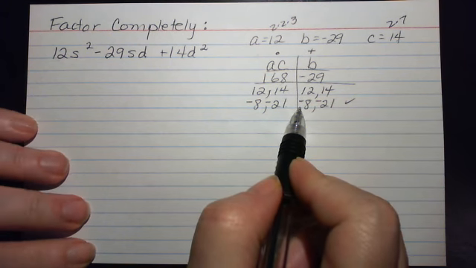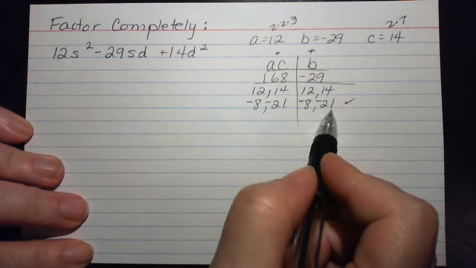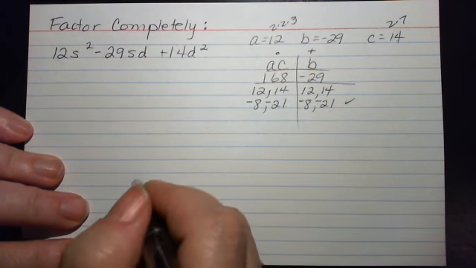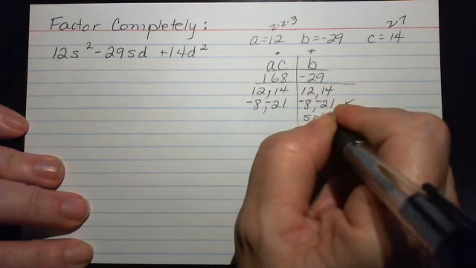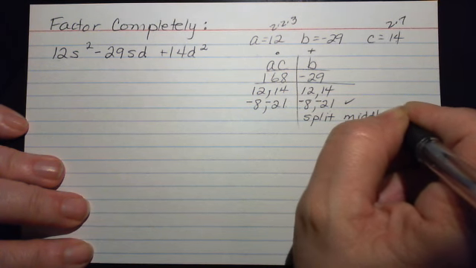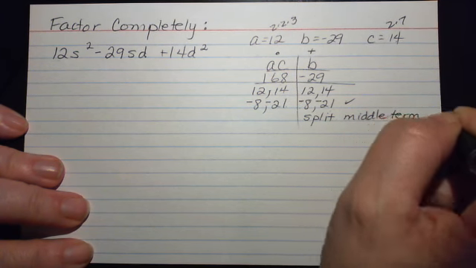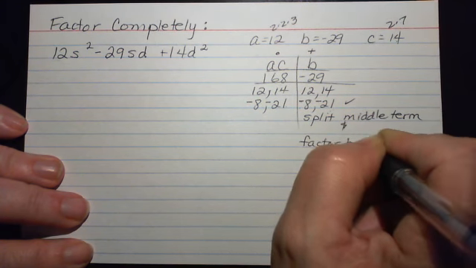Remember that when your leading coefficient is not 1, this does not produce a drop-in pair for your 2 binomial parentheses. What this does is produce a pair so that you can split the middle term and then use factor by grouping. We just reviewed that.